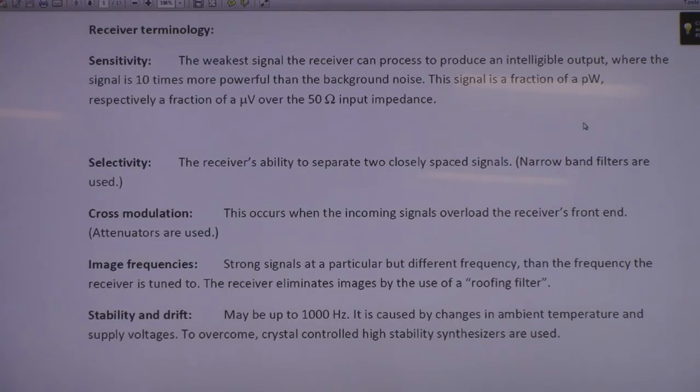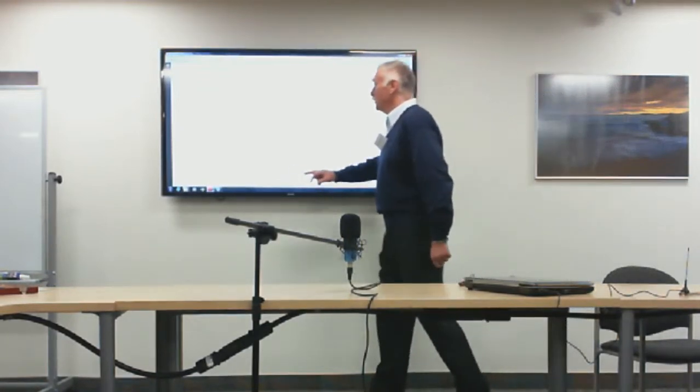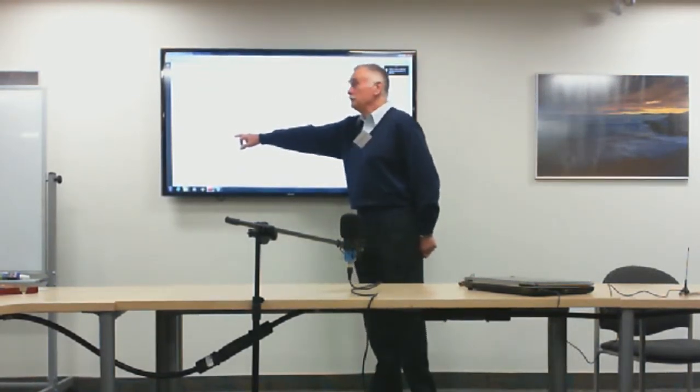So if you have a 12 volt power supply, how would you amplify a signal to 100 volts? You can amplify only within the capabilities of your power supply. So the amplifier starts clipping, and when you clip a signal, you create harmonics. So this is the mechanism of intermodulation or cross modulation.